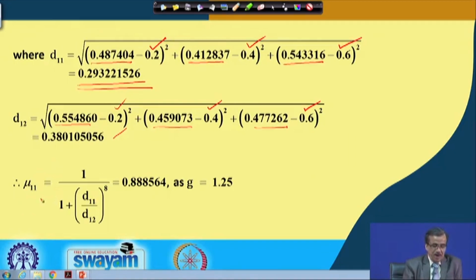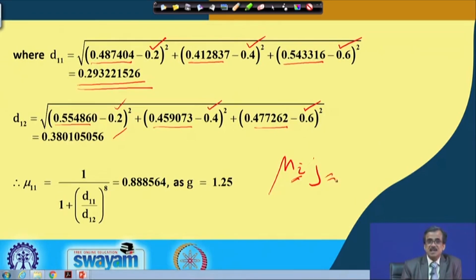Now I can find out mu11. Let me once again repeat: mu ij is the membership value of the ith data point with the jth cluster center. Similarly, the membership value of the first data point with the first cluster is 1 divided by 1 plus (d11 divided by d12) raised to the power 8.